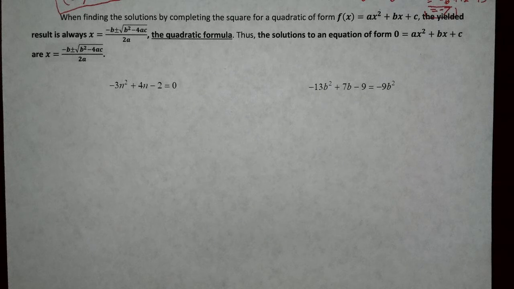And I can't emphasize how truly miraculous this is. I think some of you may have used the quadratic formula before. But just realize, this comes about because of completing the square. Just take a second to take that in.